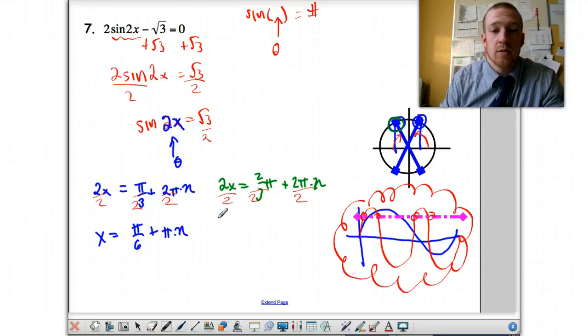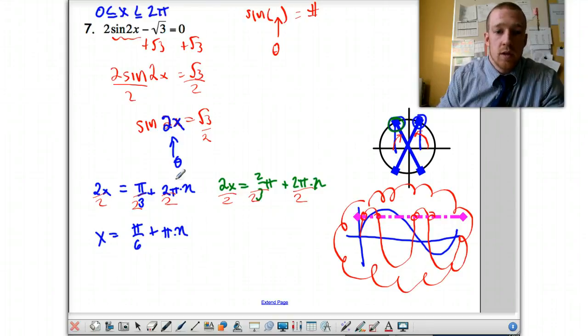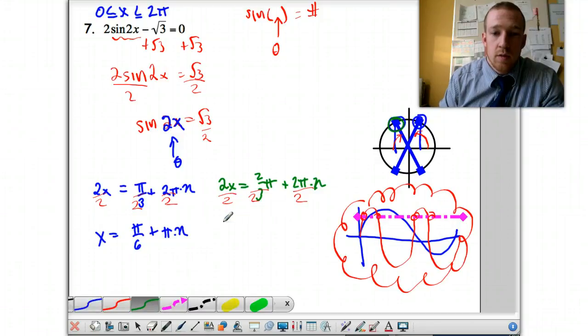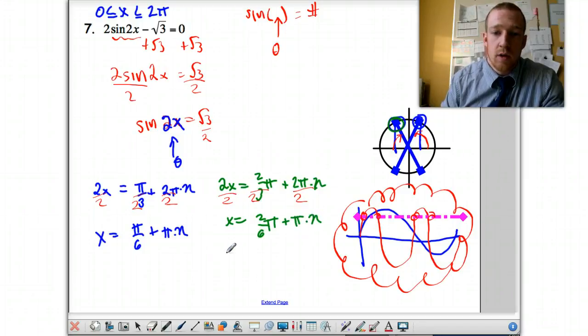And I'm going to keep adding multiples of pi until I get outside my range, and then I'm going to stop, because x has to be between 0 and 2 pi. And then over here we've got x equals 2/6 pi plus multiples of pi. Or we could write that as x has to equal pi over 3 plus multiples of pi.